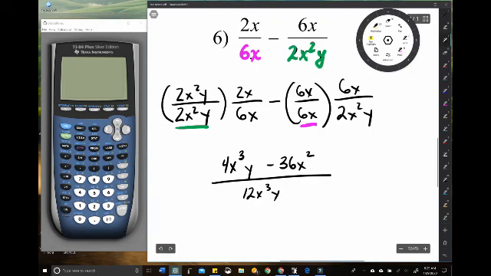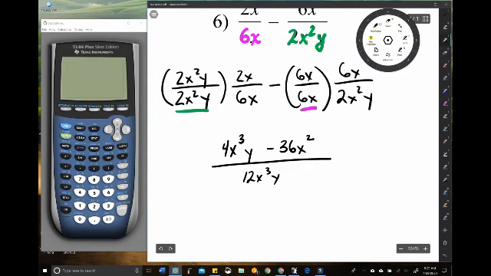So from here now, see what all is being shared. So 4, 36, and 12, they all have a factor of 4. So we can reduce by a factor of 4. They also all have x squared involved and an x squared. So I just write that as a little note to itself.